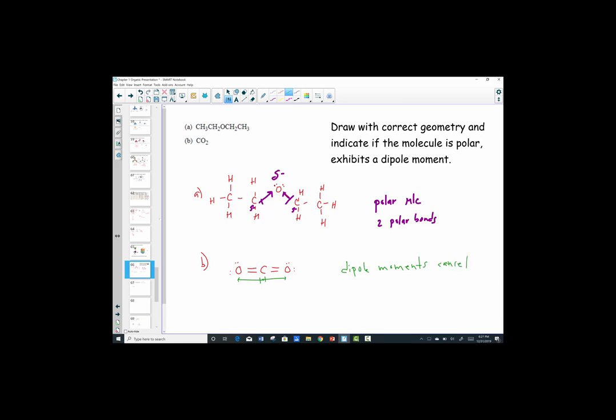And what that means is that I cannot point to any specific region in this molecule that's any more negative or positive. The bond is polar, but the molecule is non-polar because overall these dipoles have canceled, making the molecule very equal in electron distribution.